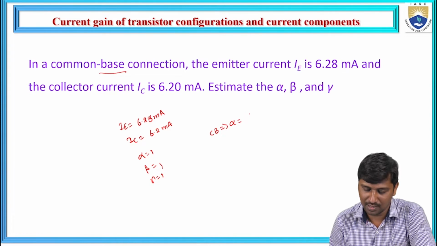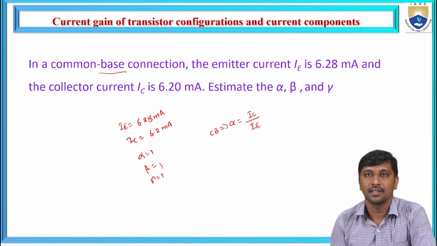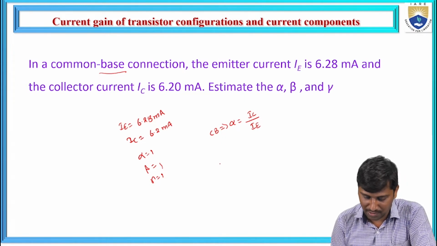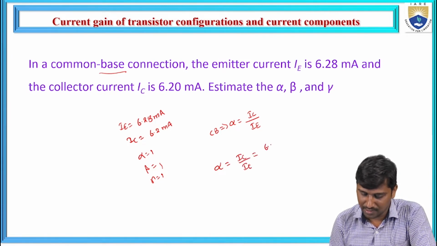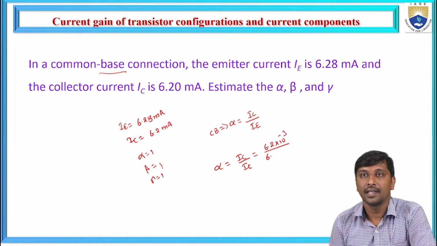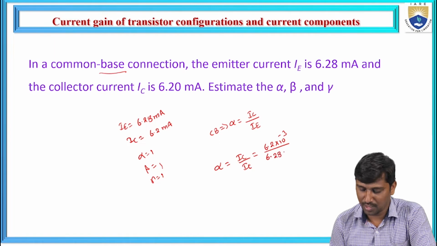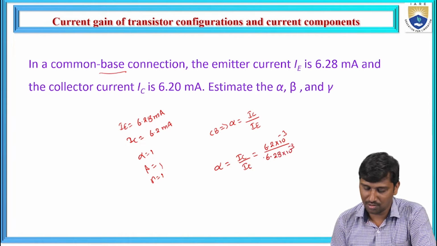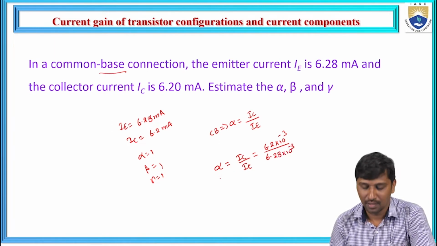In a common base, the output current is the collector current and the input current is the emitter current. Hence alpha is equal to IC divided by IE, that is 6.2 into 10 to the power of minus 3 divided by 6.28 milliamperes. Solving this gives the alpha value.